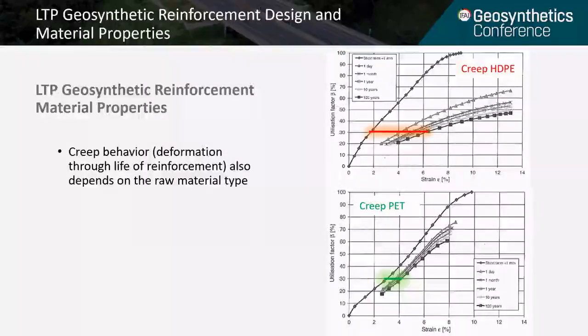HDPE is not suitable for this kind of application due to its large long-term deformation that can cause excessive movement and failure under the service limit state of the structure. Materials like polyester, polyvinyl alcohol, and aramid have much lower creep and are used for this kind of application.